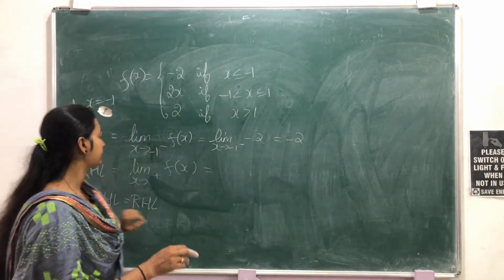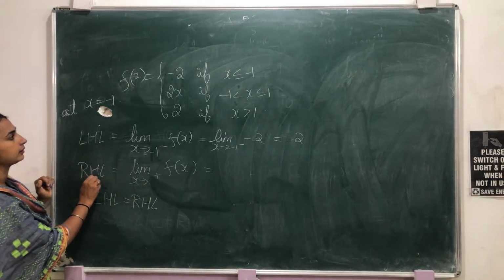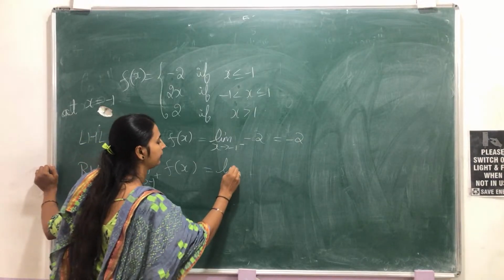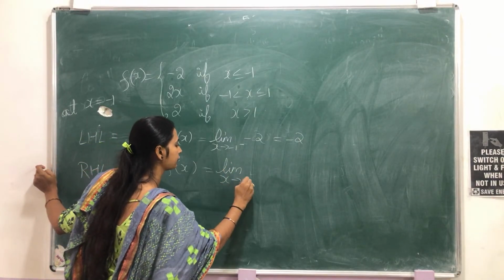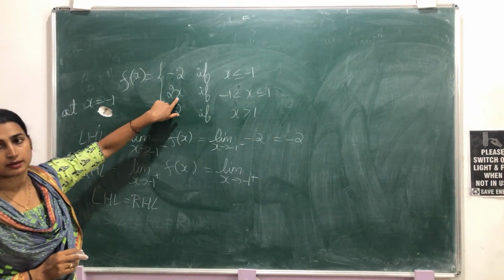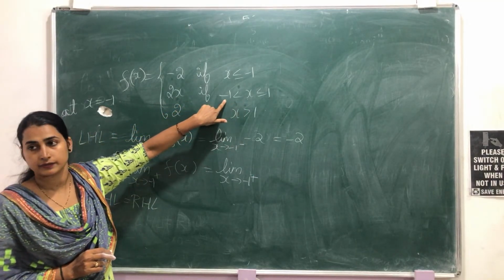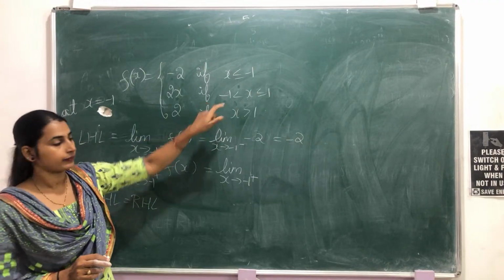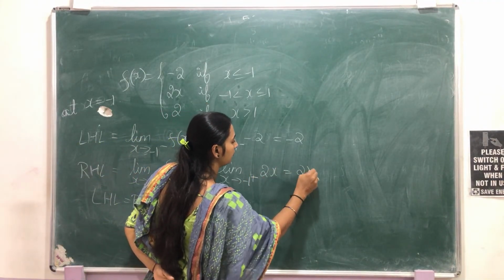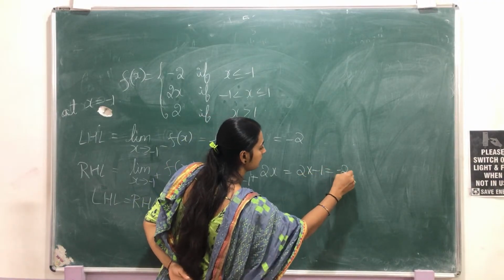Understood? Next, right hand limit. Limit x tends to minus 1 plus, in place of f of x, you need to replace 2x because it's greater than minus 1. So it is 2x. What is x now? Minus 1. That is minus 2.